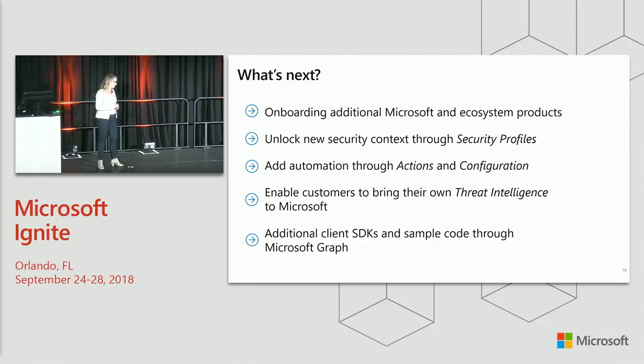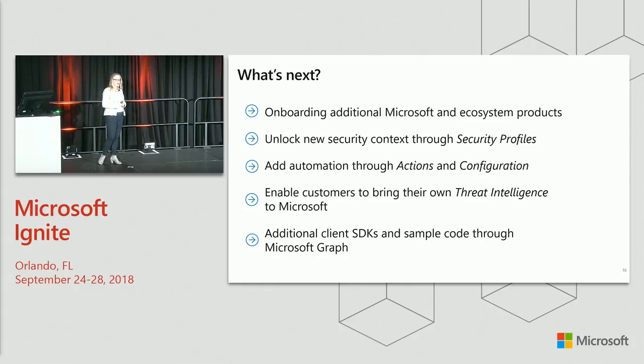Maybe also there's some information that a CASB solution knows about that same user and their activities. So the idea is, again, to federate requests out for security information across these security technologies, aggregate, and return the results back. The other super important piece is to enable actions, as we talked about a bit earlier. And so there'll be some new entities around actions and configurations that will help to get that job done.